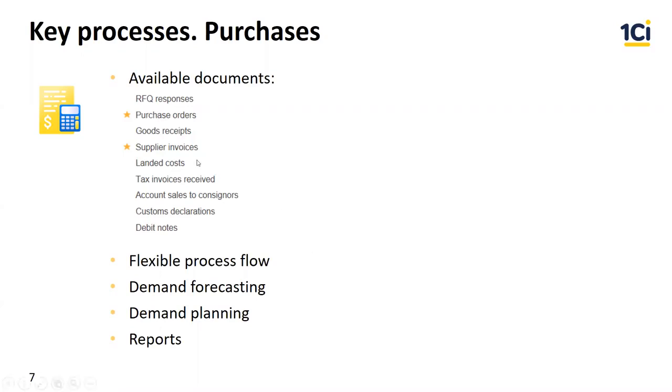We see, with a few additions here, the landed costs. We use them to compile the total cost for our purchased inventories. And we use customs declaration if you purchase goods from cross-border suppliers.